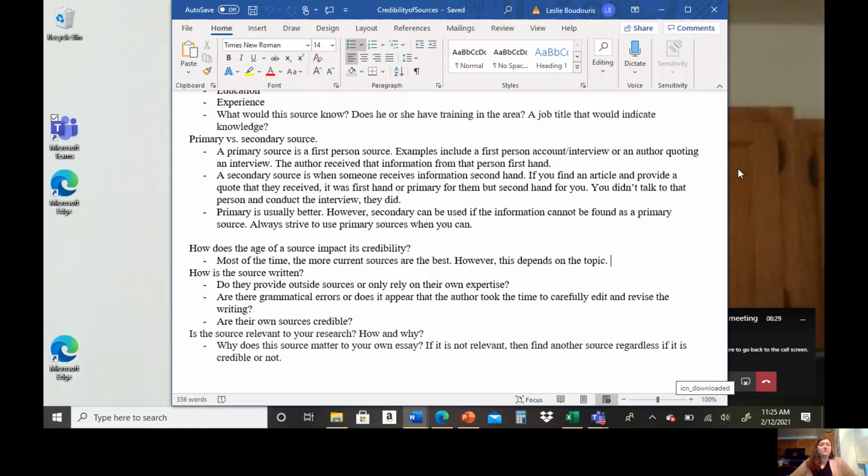So I always suggest using first person sources, because you, as the author of your essay, are able to analyze the quote that you want and look at it in the context of the original article. If somebody's being quoted from another source, I would always suggest trying to find that information from an original text from that person's mouth, or their typewriter.